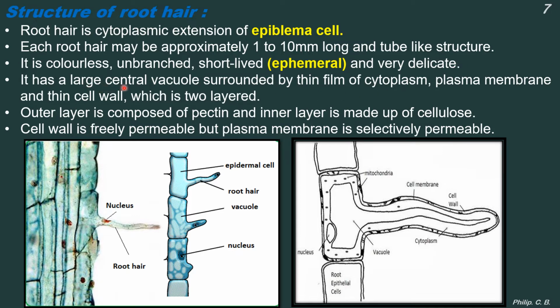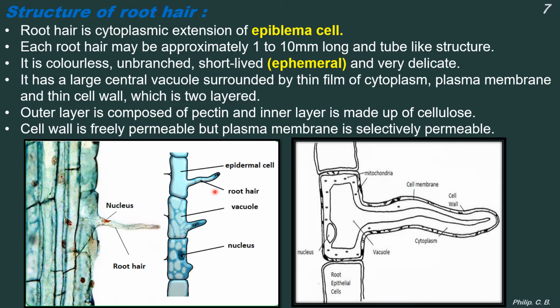It has a large central vacuole surrounded by a thin film of cytoplasm, plasma membrane and a thin cell wall, which is two layered. So here you can see the vacuole. Now just see the different parts before moving to the next point. The vacuole present over here is covered by a thin film of cytoplasm, plasma membrane and cell wall.